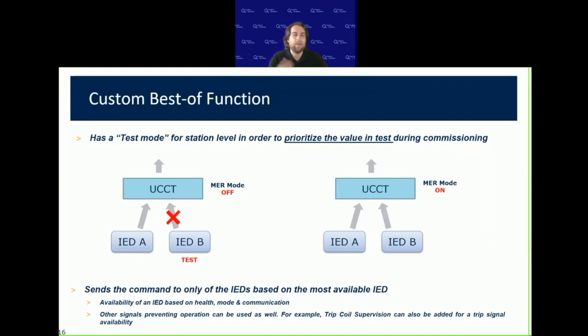Same with IED B. With that test mode that we call the MER mode, MER being a translation for commissioning in French, when that MER mode is on, the values that are in test are prioritized over the ones that are valid. Now this is just a temporary mode that we activate during the commissioning to make sure that, for the example that we have, IED A values would go all the way to the top, with IED B still in operation and protecting that section, but its information is not coming up. Same for IED B.